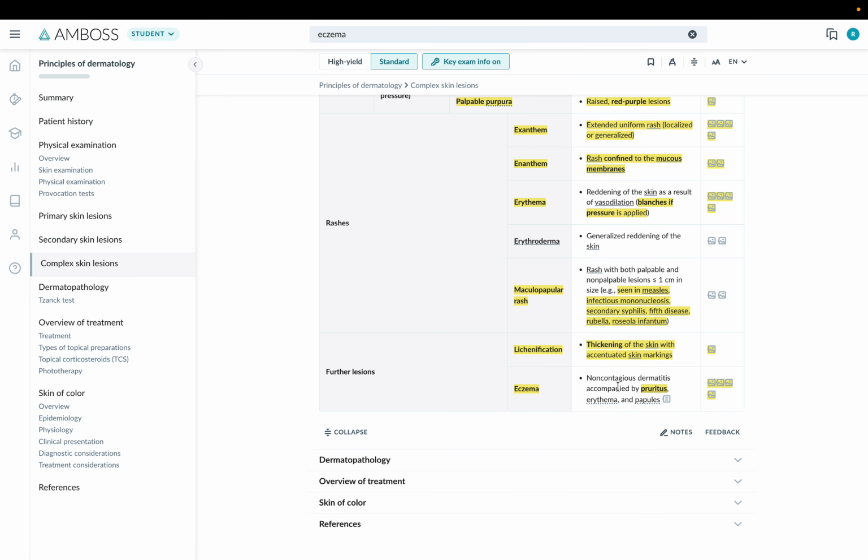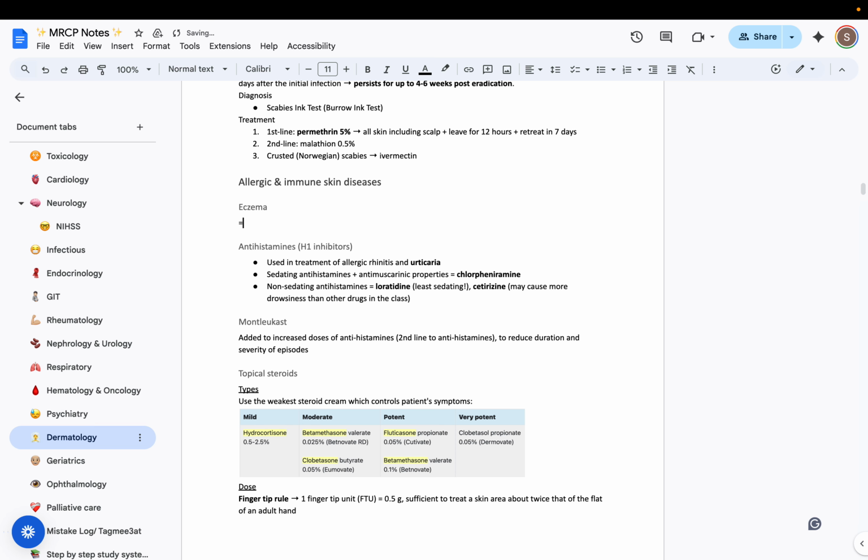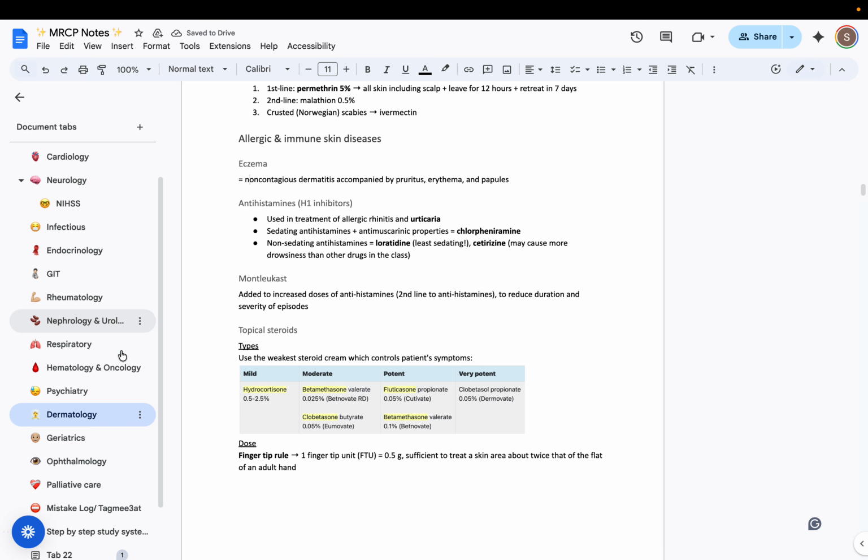It's a non-contagious dermatitis accompanied by pruritus, erythema, and papules. It's a non-specific term. Okay. Well, there's nothing much I can say here, except that I have to learn the treatment. So it's treated by some anti-allergic treatment.